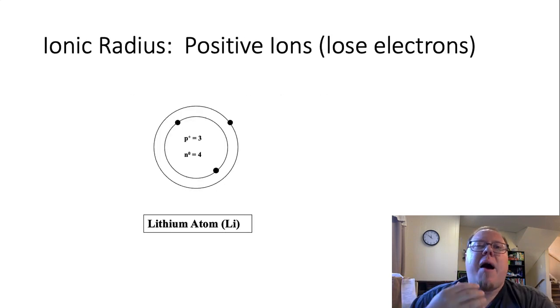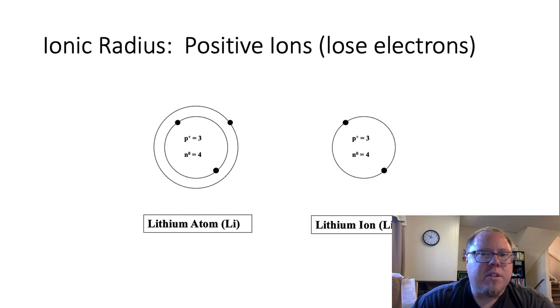Positive ions are the ones that lose electrons. So, for example, lithium here, which normally has 1 valence electron. If it loses that valence electron, now it only has 2 electrons, and it becomes positively charged. And now, because it lost a whole electron, it lost its outer orbit, so it now has only 1 orbit.